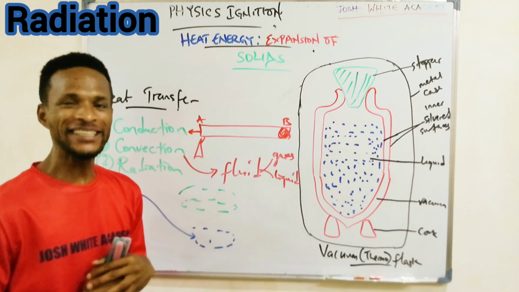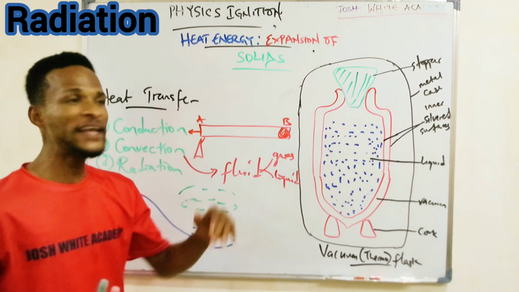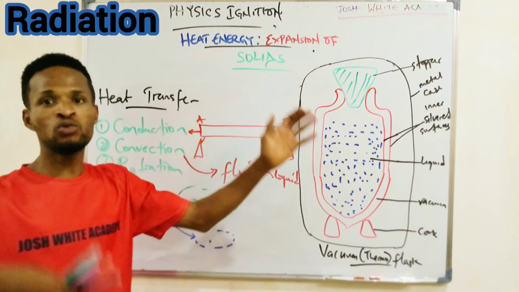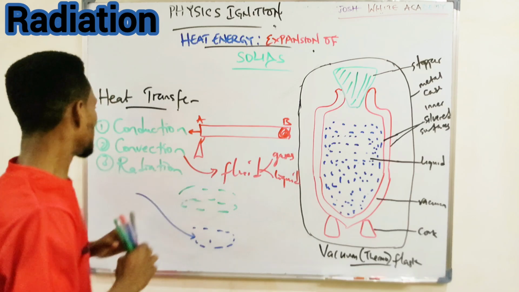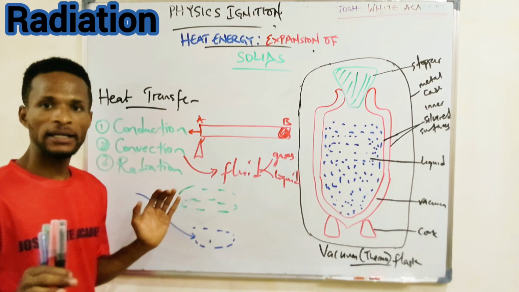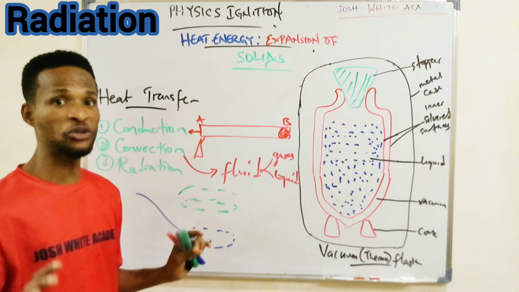So radiation is a type of heat transfer where heat moves from one part to another without heating the medium. So radiation can take place even in a vacuum.